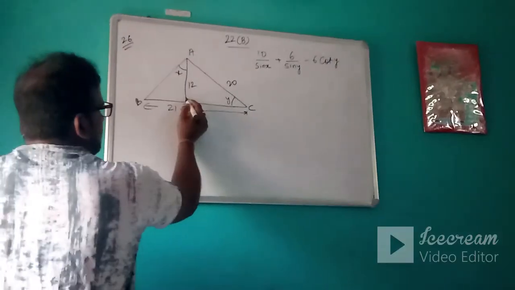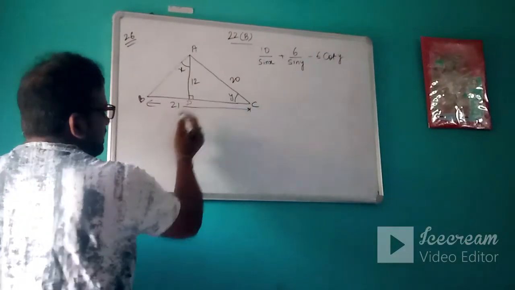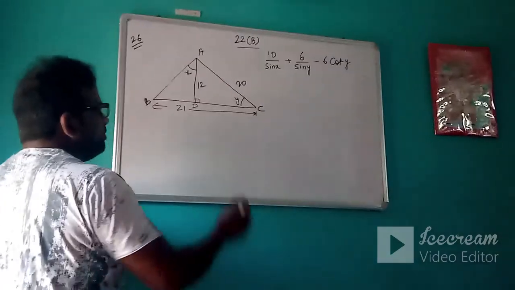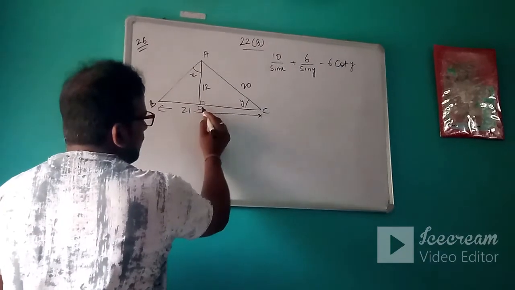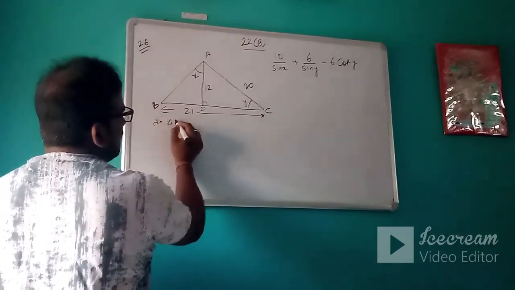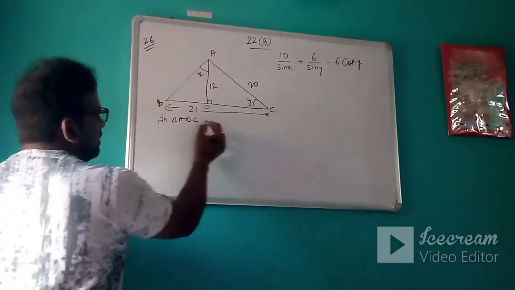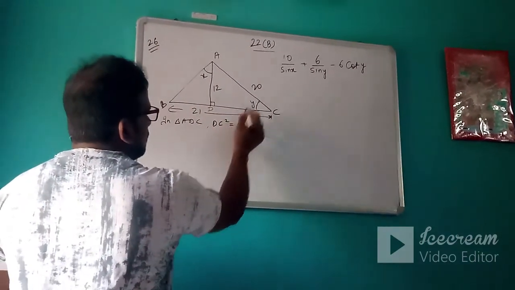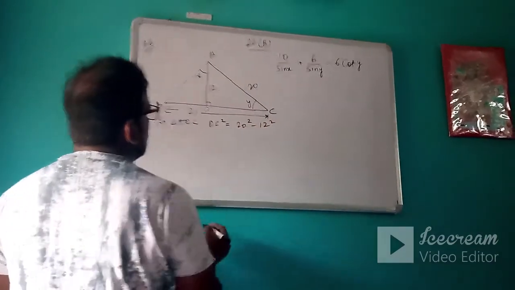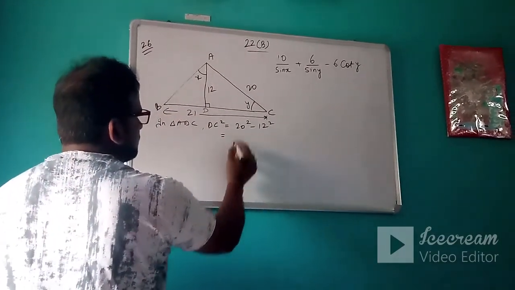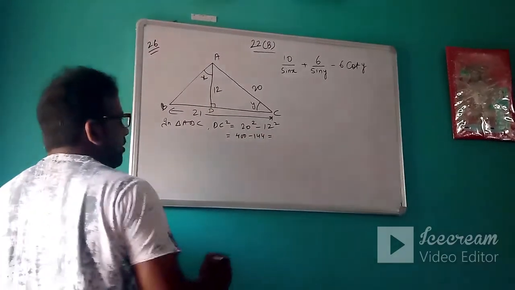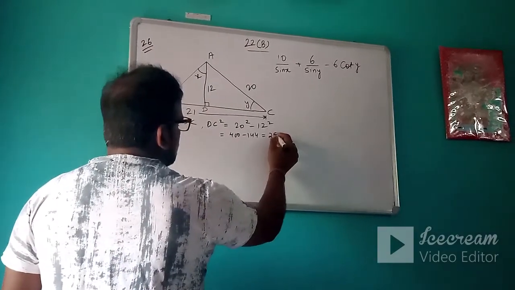So the question is like this, and it is given that AD is perpendicular to BC. First we will calculate the value of BC by Pythagoras theorem. In triangle ADC, DC square will be equal to 20 square minus 12 square. So it becomes 400 minus 144, that is 256.